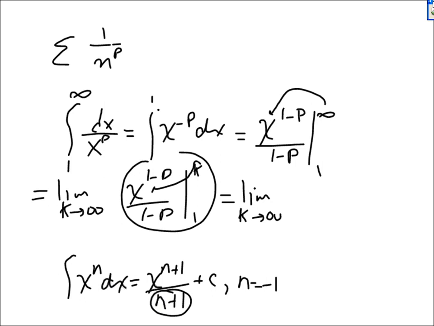First you plug in k for x. You get k to the 1 minus p divided by 1 minus p minus, and then you plug 1 in. You get 1 to the 1 minus p, which is 1 over 1 minus p. And then you take the limit. The second term, 1 to the 1 minus p over 1 minus p, that's not going to change.